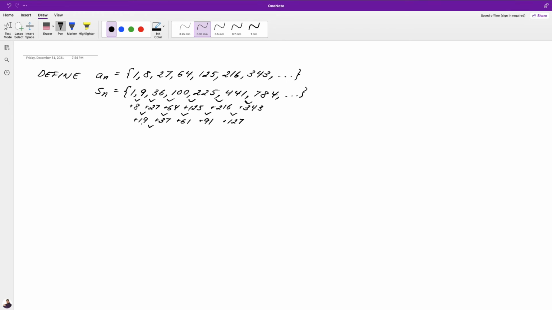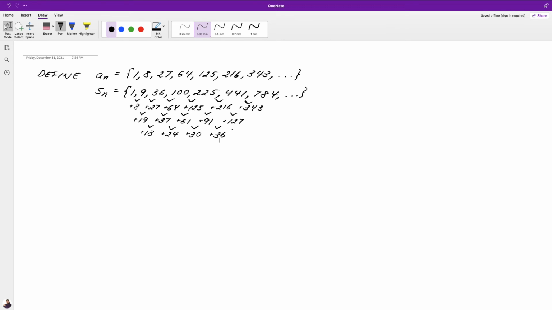So to get to 37 from 19, we're going to have to add 18. To get to 61 from 37, we have to add 24. To get to 91 from 61, we have to add 30. And here we have to add 36.